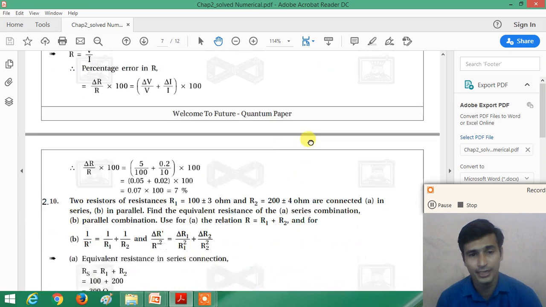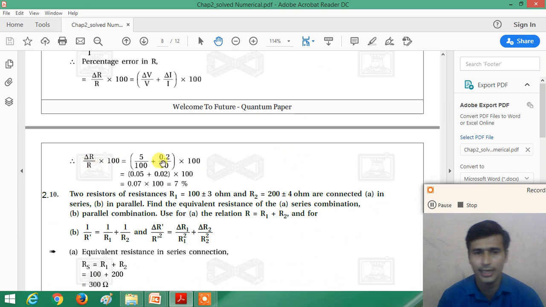So if we take these values, we get the percentage error in R, delta R by R multiplied by 100, is equal to 5 by 100 plus 0.2 divided by 10, into 100. So 0.05 plus 0.02, into 100, we get 0.07 into 100. So the percentage error in the resistance R is 7%.